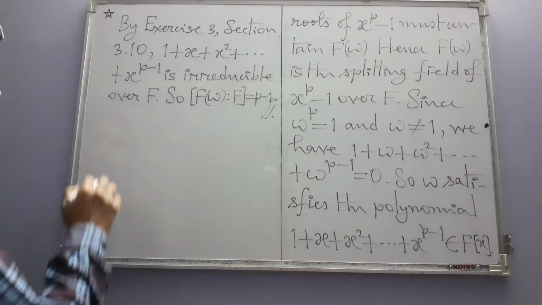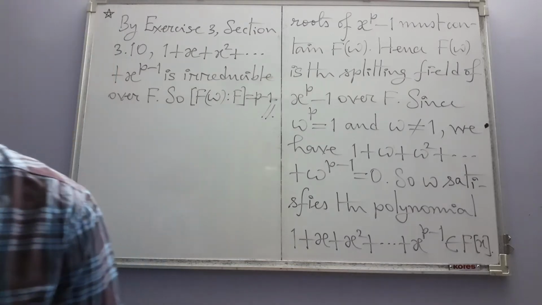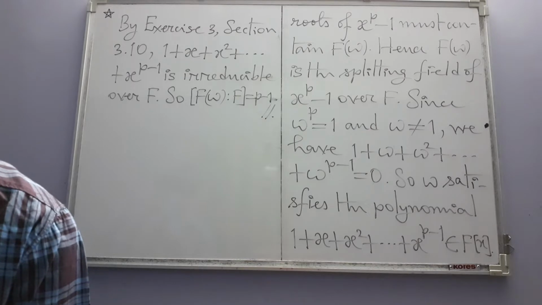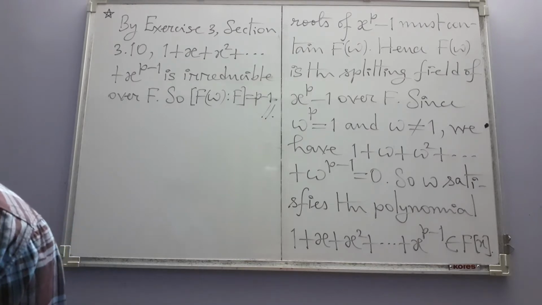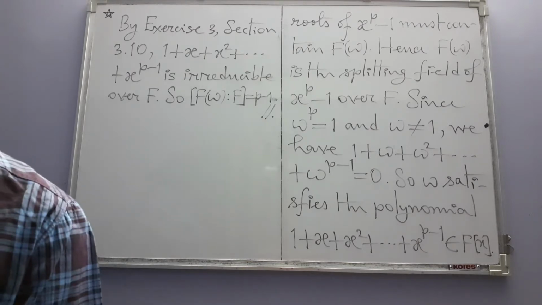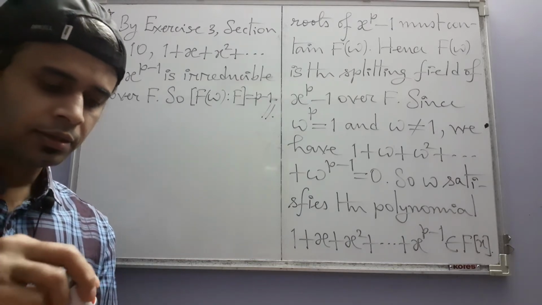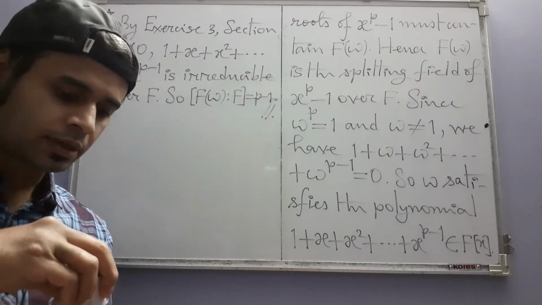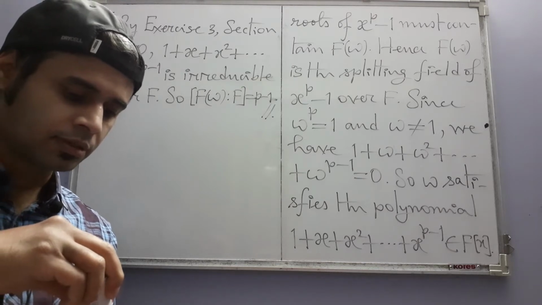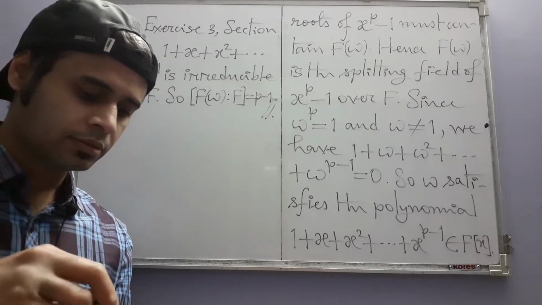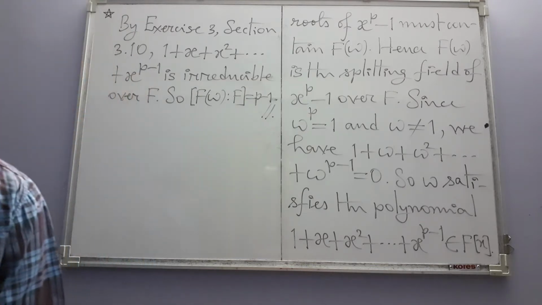Then exercise A8. Exercise 8 is a generalization of this one, where in place of a prime number p, we have a general positive integer n.